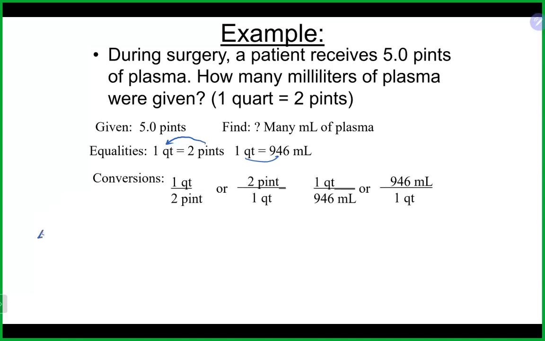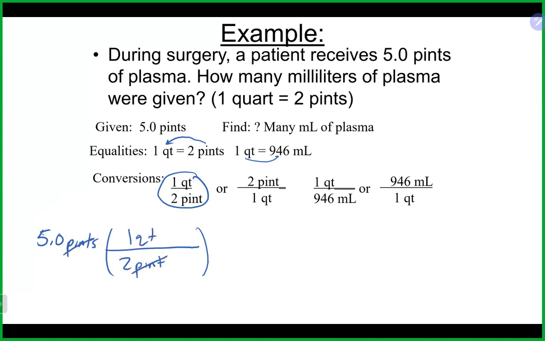Here we're going to start again with our 5 pints. And at this point, we want to go opposite, so we're going to go with where pints are on the bottom. So 2 pints is 1 quart. At this point, our pints will cancel. We can clearly see quarts are up on top, which makes our decision pretty easy because we need to go opposite to get rid of it.